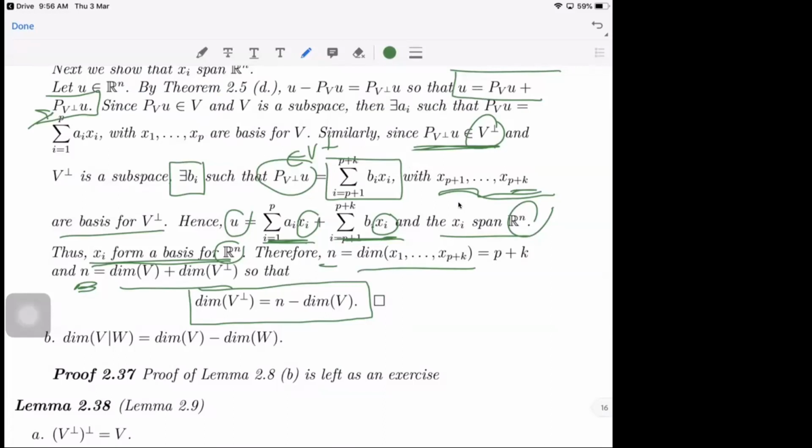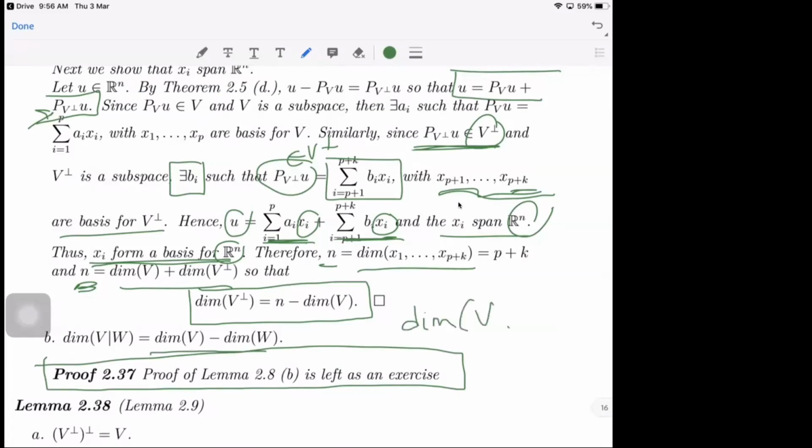So, as another exercise here, you are to show that the dimension of V mod W is the dimension of V minus the dimension of W. So the dimension of V intersection W perp, right?